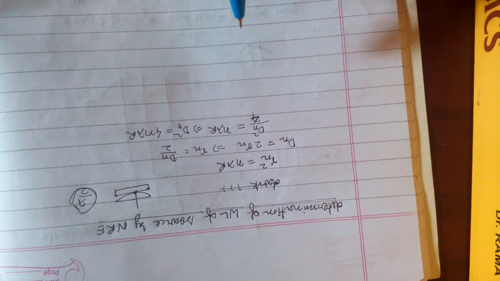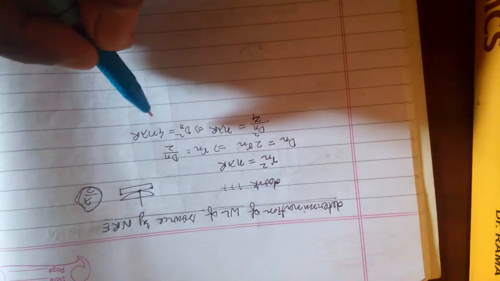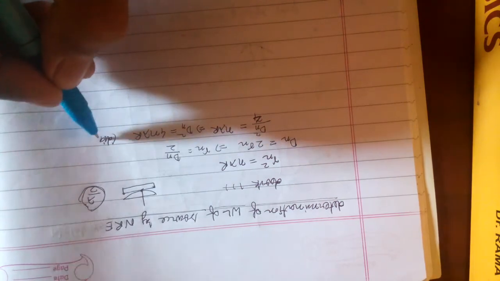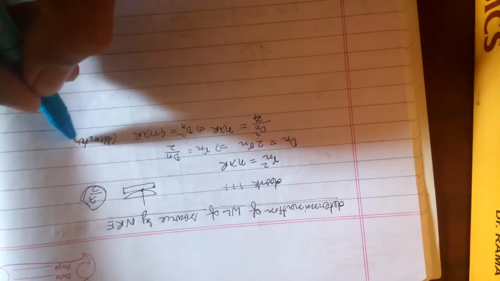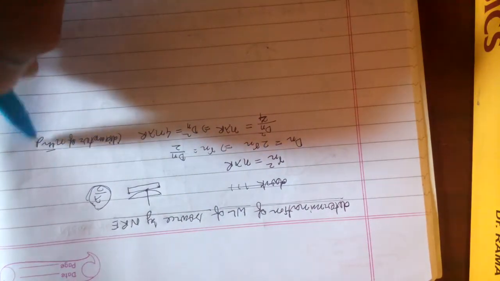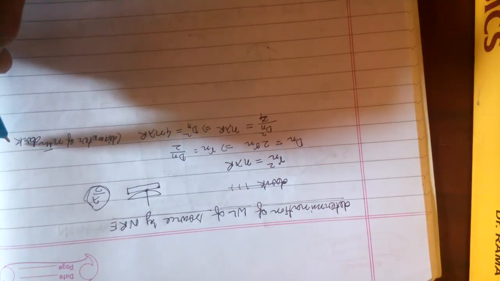So this is the diameter of the nth ring. Diameter of the nth dark ring, suppose, because this is the expression for dark.